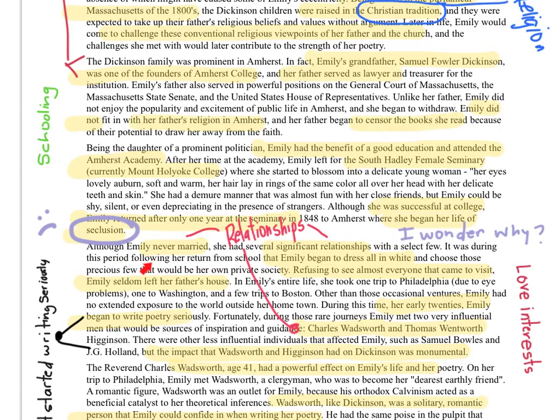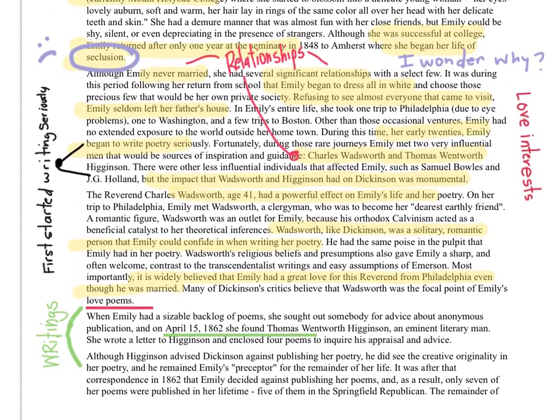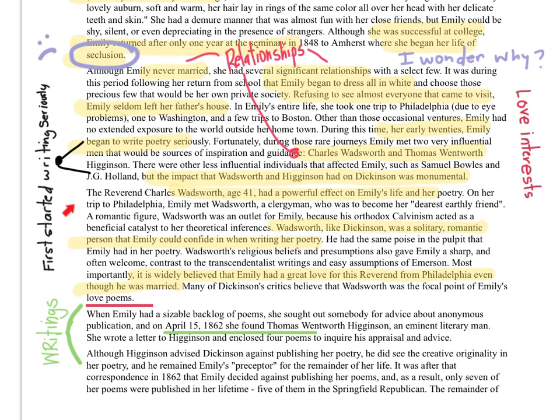It said that she was never married. After her relationships, it went into her writing and more about her writing, some details about a confidant she had named Thomas Higginson, and those were the 3 categories in which the article was about.